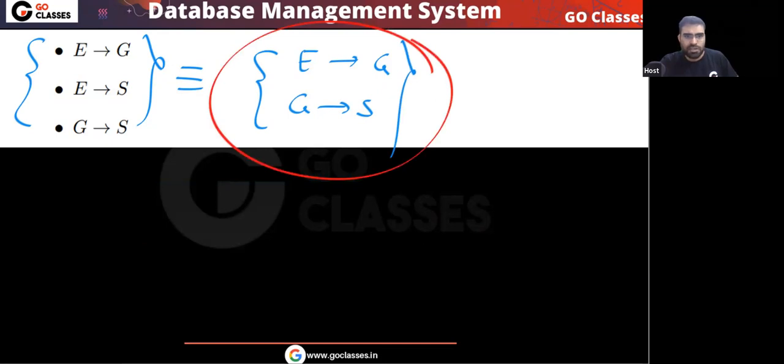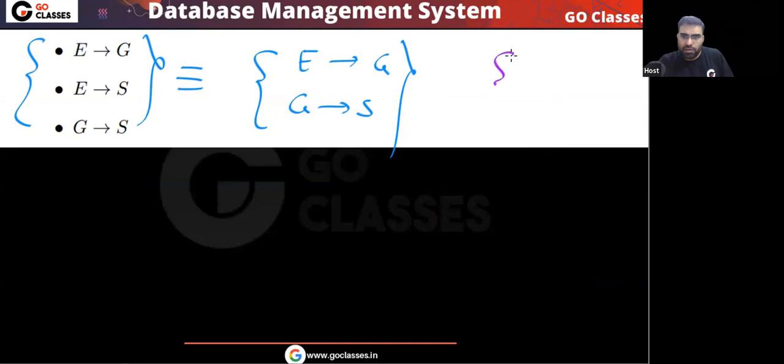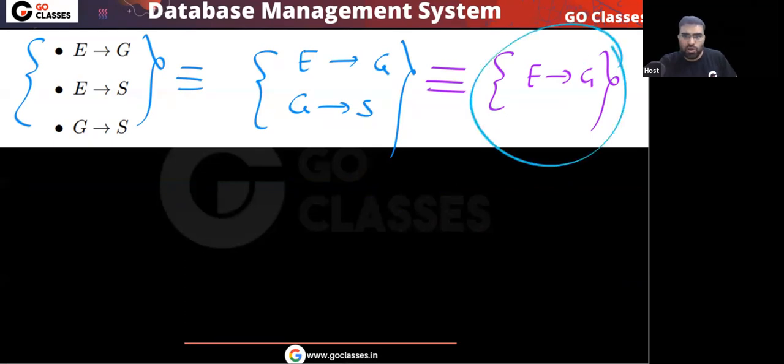For example, if I delete this, is the result equivalent? No, they are not equivalent, because here G does not determine S. So this is not equivalent.